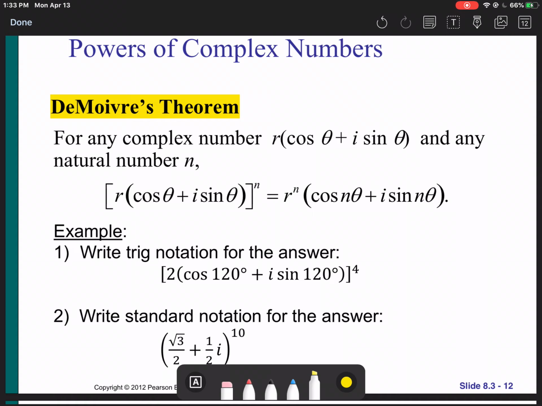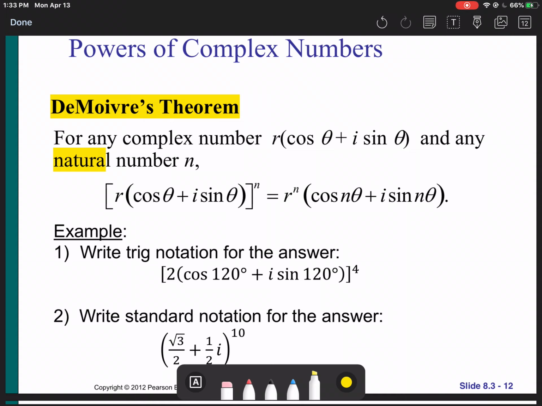The first part is the easier part, the one we're looking at here, where I'm taking a complex number and I'm raising it to a power, where that exponent, the n value, is an integer. We call them natural numbers. That's a fancy word for the positive integers. They're called natural numbers. Right?